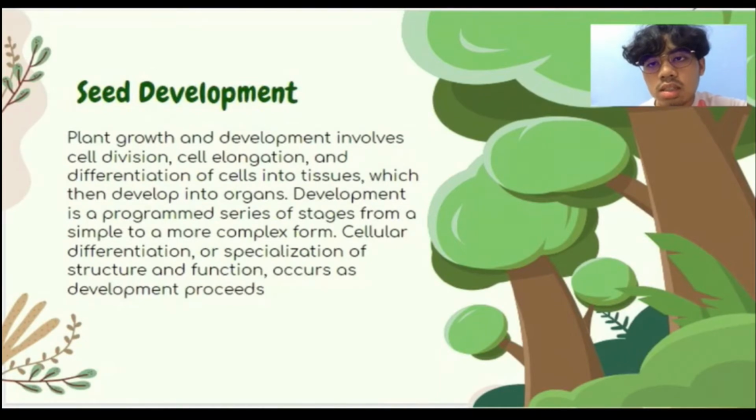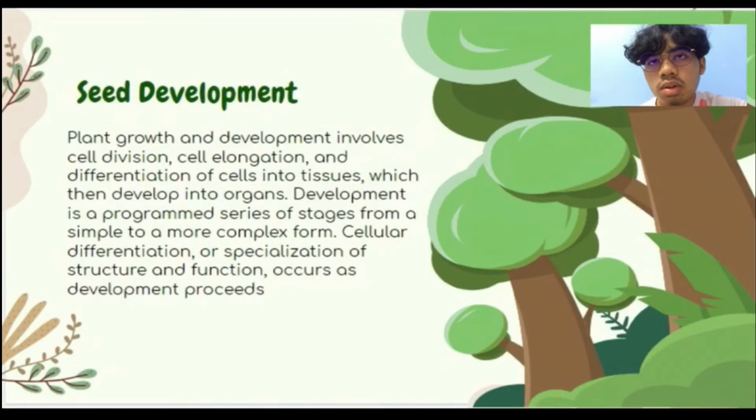So next, seed development. As we know, plant growth and development involves cell division, cell elongation, and differentiation of cells into tissues, which from these three, then develops into organs of the plant.